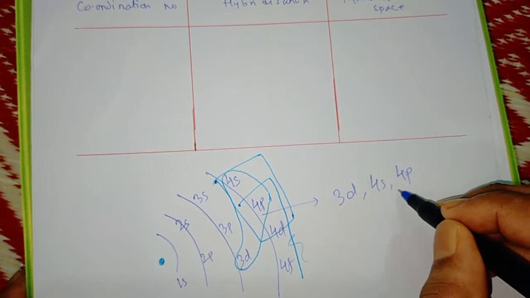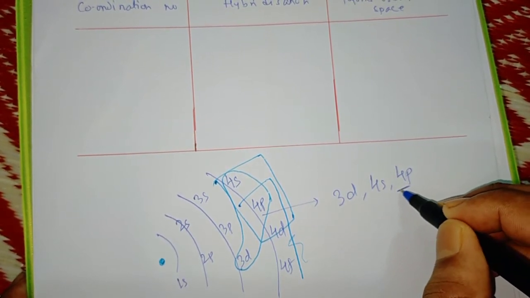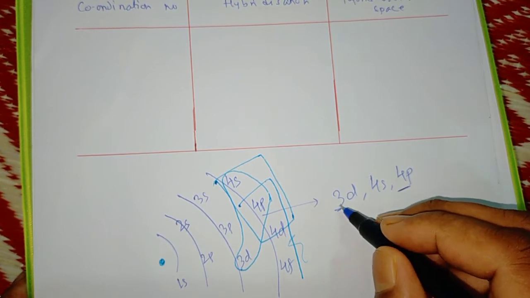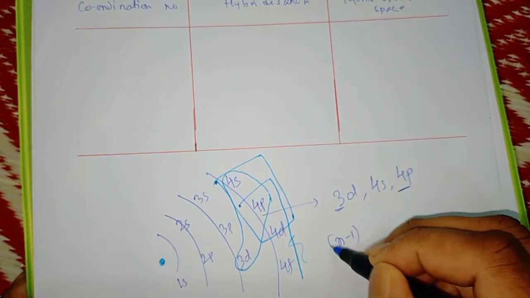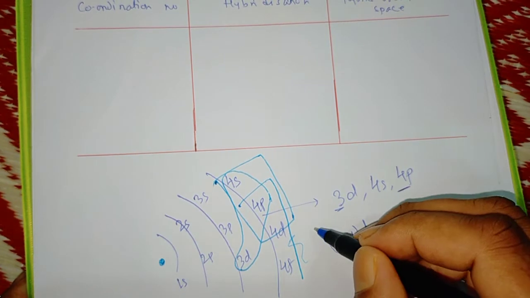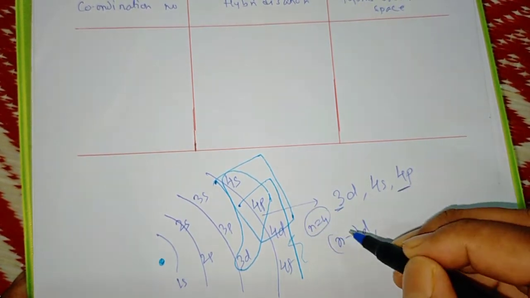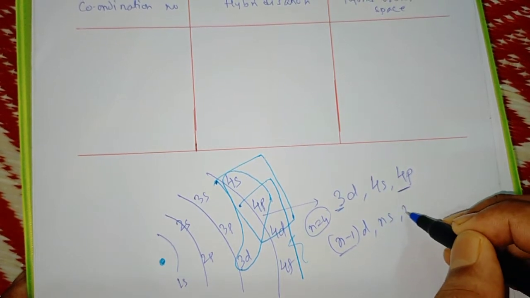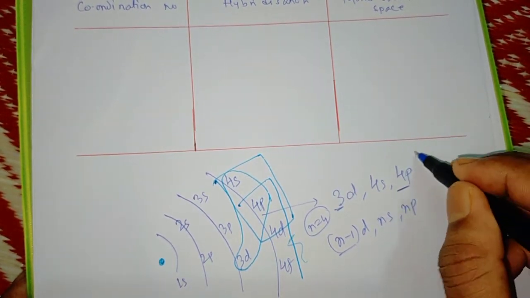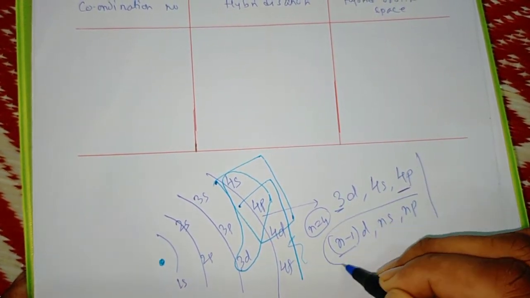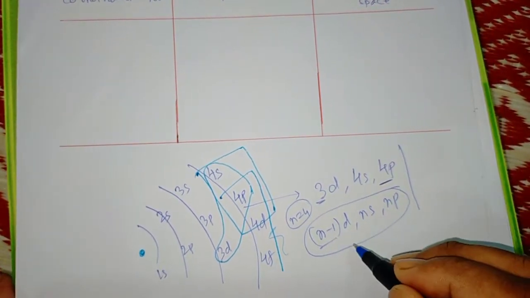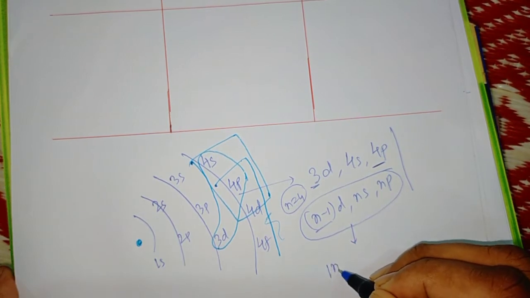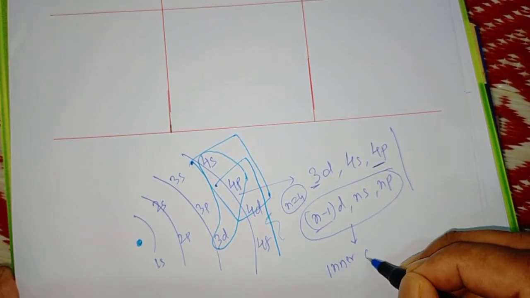Now if you put the value of n equal to 4, then this becomes (n-1)d, this becomes ns and this one np. If these are involved in hybridization, this is called an inner orbital complex.